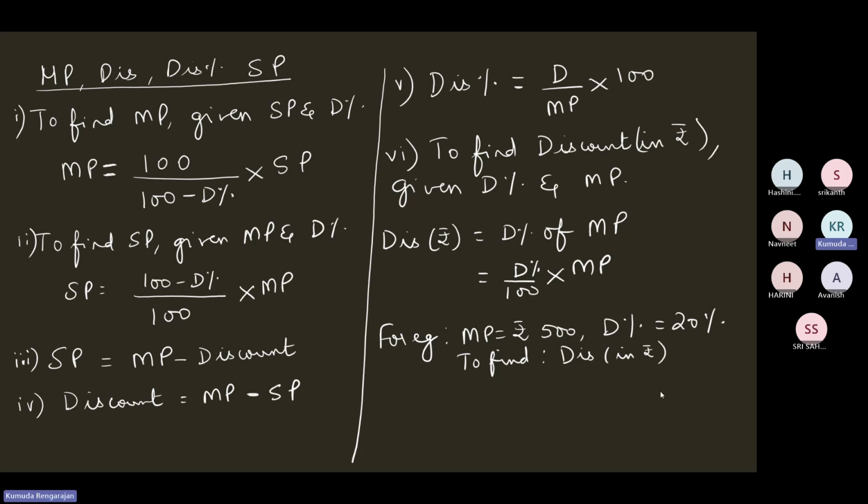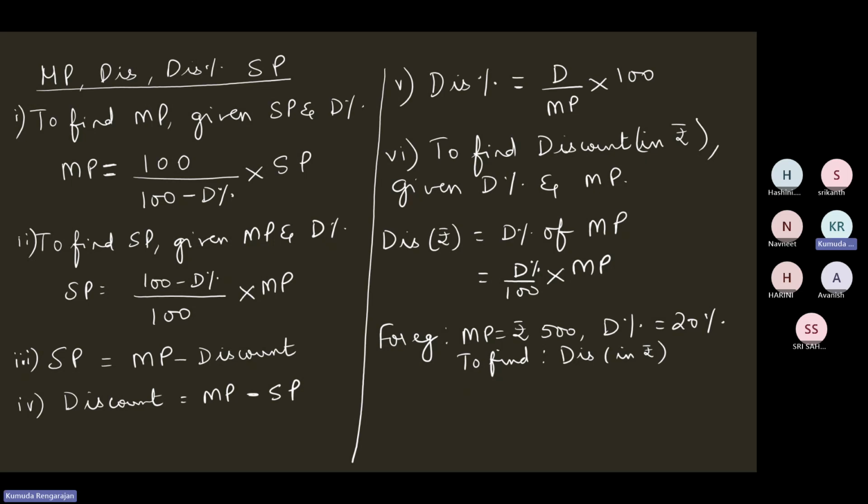Now, why this situation? Because you are in a shop, the mark price is 500 rupees, and he says you will get 20% discount. You cannot give 20% in money, so you don't understand what this 20% discount is. You want to know what the value is in rupees. That's what we're trying to decode here.